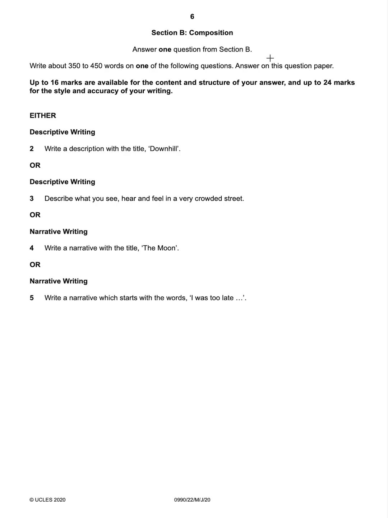The marking is a little strange as far as I'm concerned because of the odd allocation of the marks. So 60 marks are available for the content and structure of your answer, and 24 marks for the style and accuracy of your writing. So the content and structure, the content simply meaning what you choose to put into your description, and the structure of it meaning has it got a good shape.